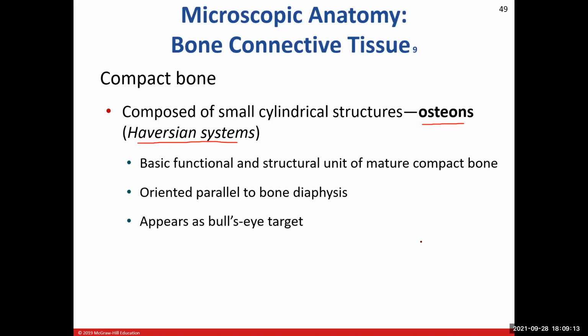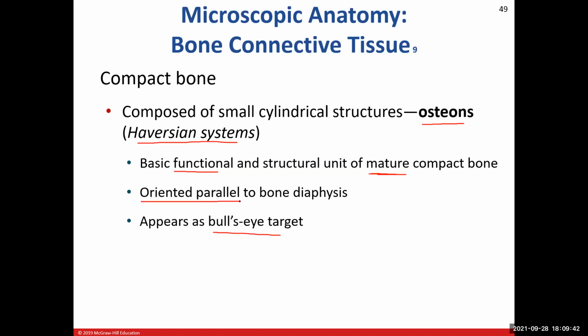But the osteons anatomically are going to be the most basic functional unit that we're going to see in mature compact bone. So it's going to kind of look like a bullseye target. And we're going to see these osteons, these cylindrical structures, have a parallel configuration to the diaphysis of the bone.